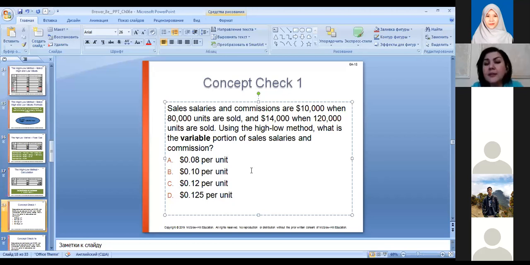What is the activity level? Activity level, not in dollars, in units.